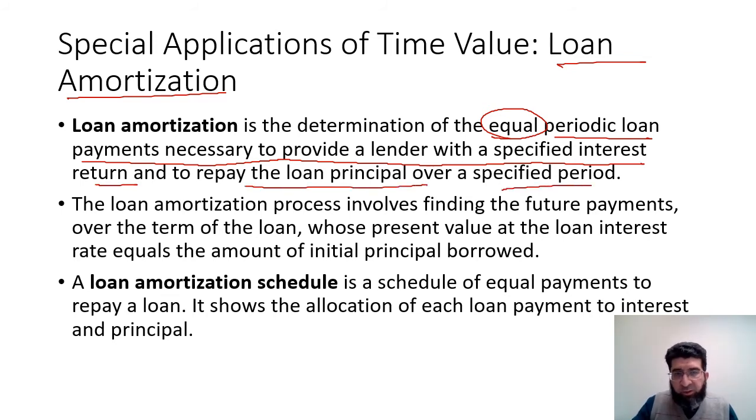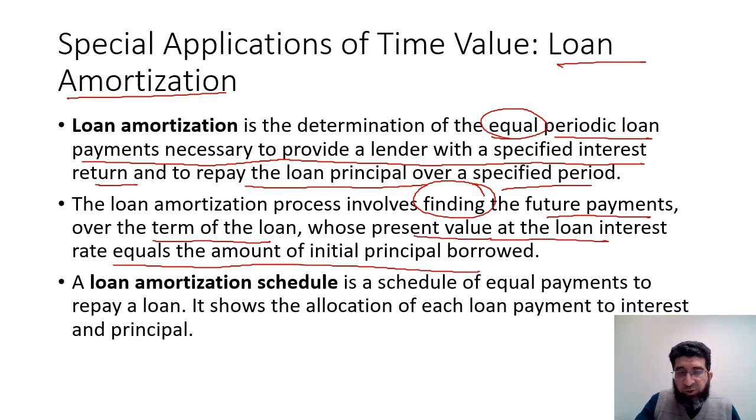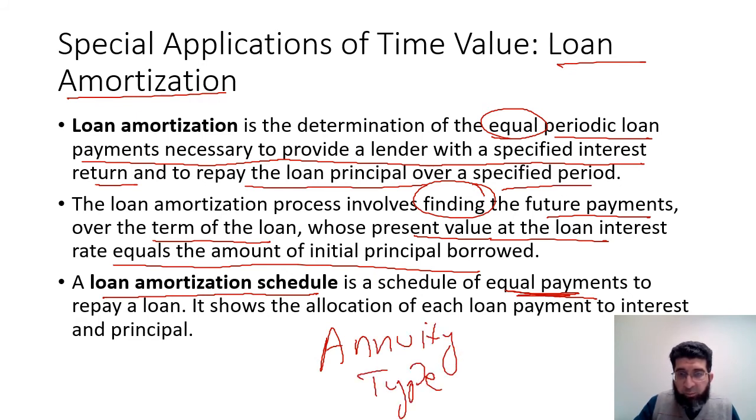The loan amortization process involves finding the future payments, over a certain time period, whose present value at the loan interest rate equals the amount of initial principal borrowed, and whatever happens here is displayed in the form of a table or schedule, which is called a loan amortization schedule. Since the payments are equal, it's an annuity type problem.